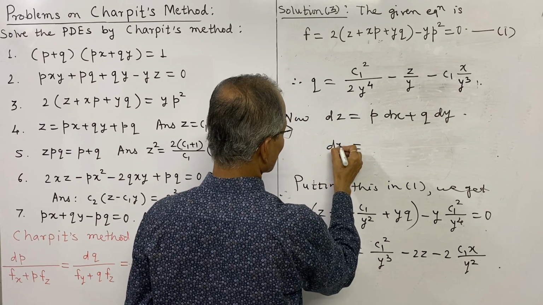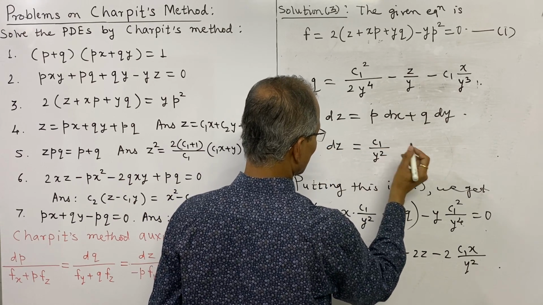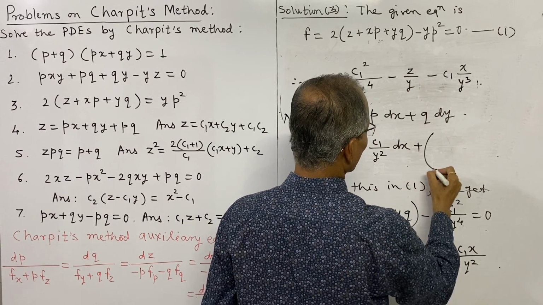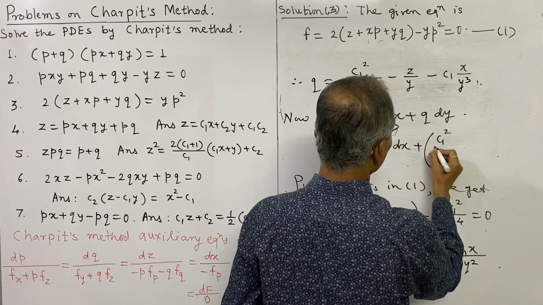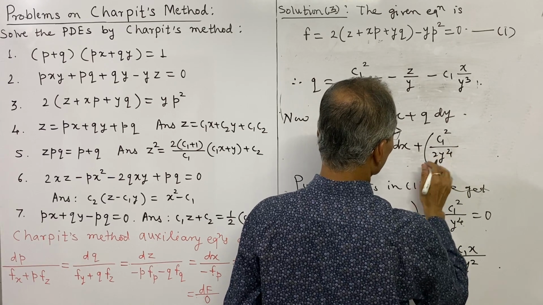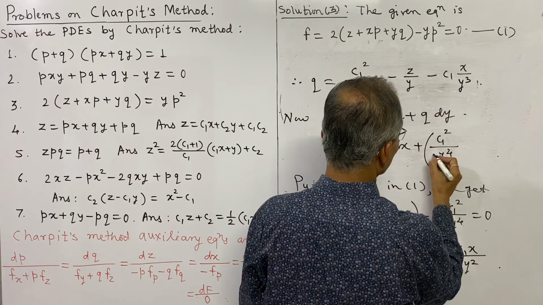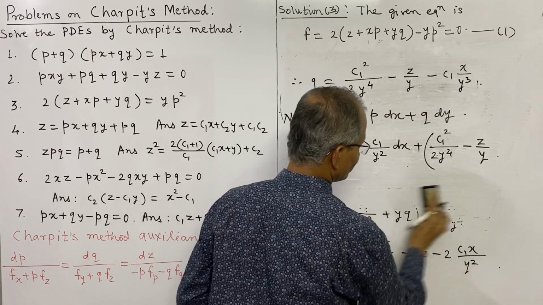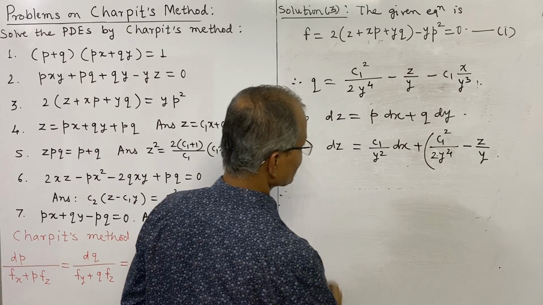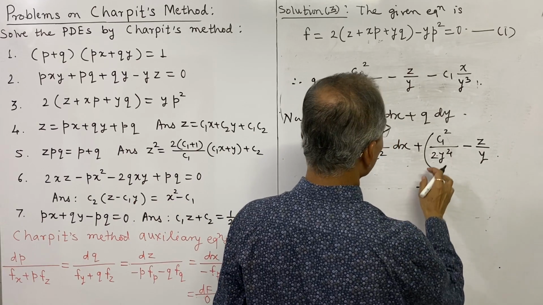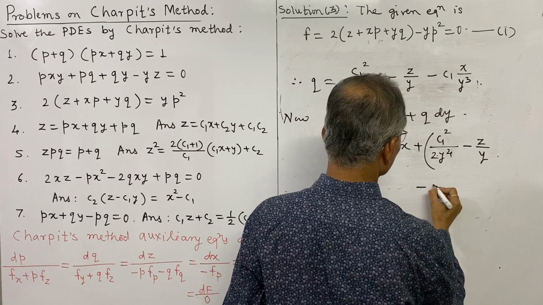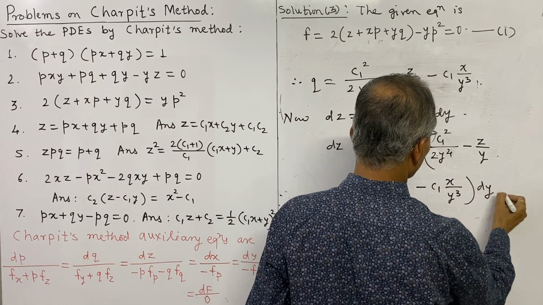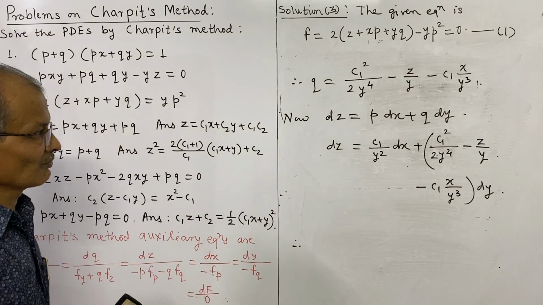So this is c1 upon y square into dx, plus q, which we have just obtained, that is c1 square divided by 2y to the power 4, minus z upon y, minus c1 x divided by y cube, into dy. So this is the equation we have obtained.